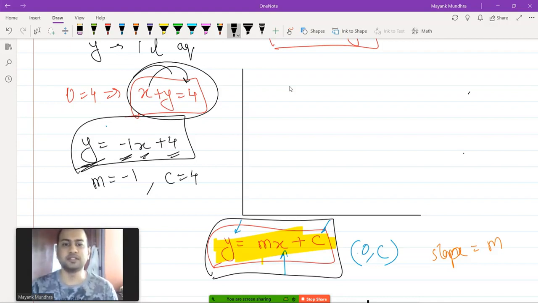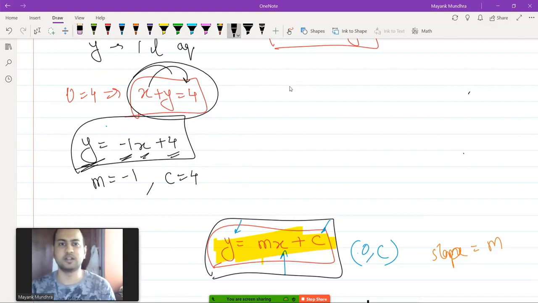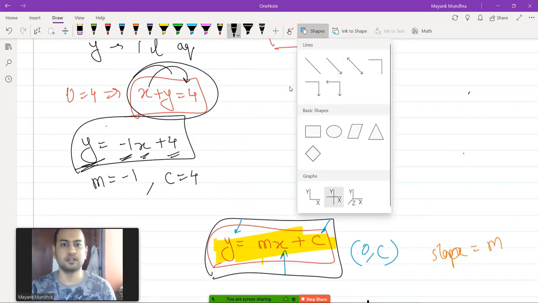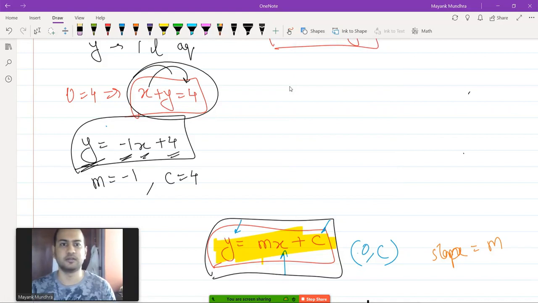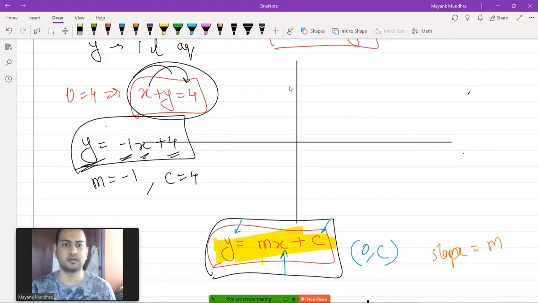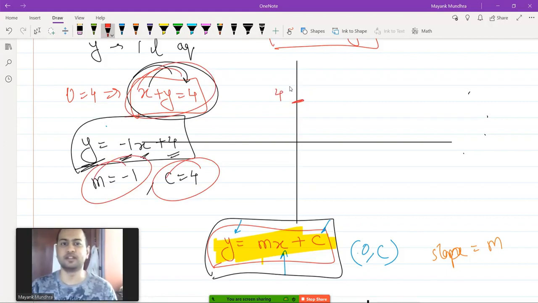What this means is that when you are drawing your Cartesian plane, let's say I draw the entire Cartesian plane. In this Cartesian plane, this line will pass through the point 0 comma 4, so 4 on the y-axis, with a slope of minus 1. So a minus 1 slope will look like this.